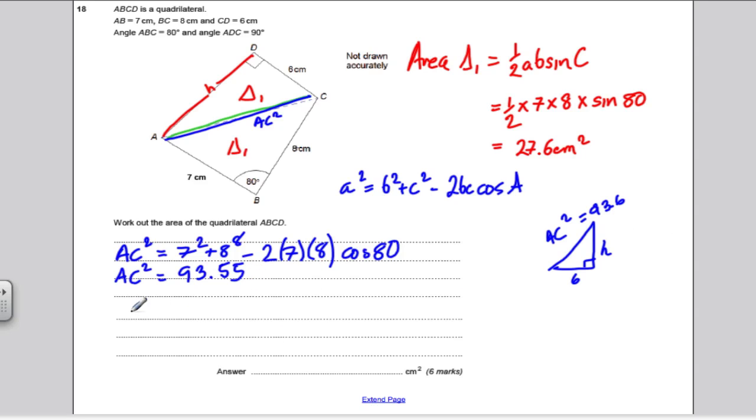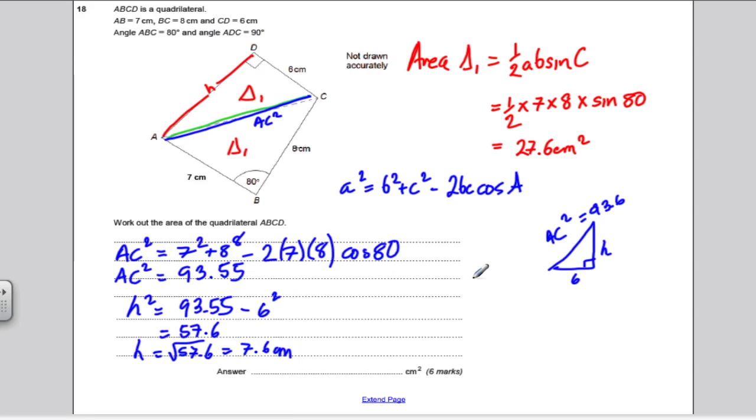So we could work out h squared. h squared must be the hypotenuse squared, 93.55, subtract the shorter side squared, subtract 6 squared, which is 36. So work that out, and you get that h squared is 57.6. So h is the square root of 57.6, which is 7.6 to one decimal place, 7.6 centimeters.